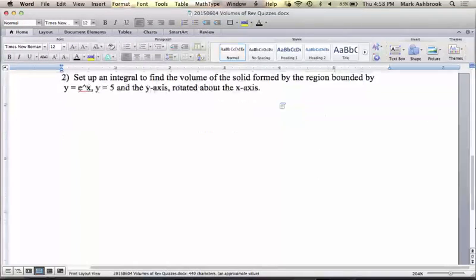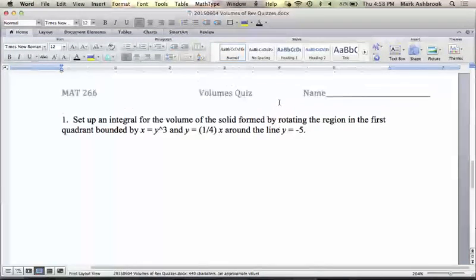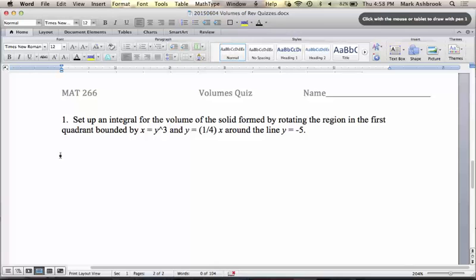So it was shells and then washers. Okay. What should I do? I'll do one of them. Which one should I do?